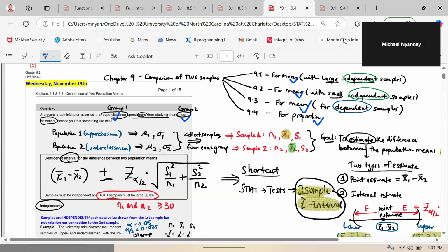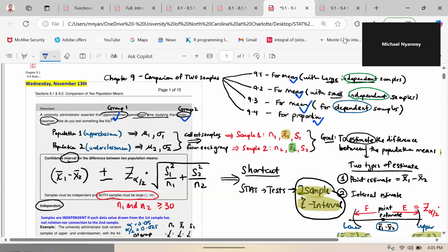We group them into group 1 and group 2, or we can classify them as population 1 and population 2. So how do we test something like this? We need to verify the claim of the university administrator. That is what we mean by comparison of two samples. So we are comparing two different samples.